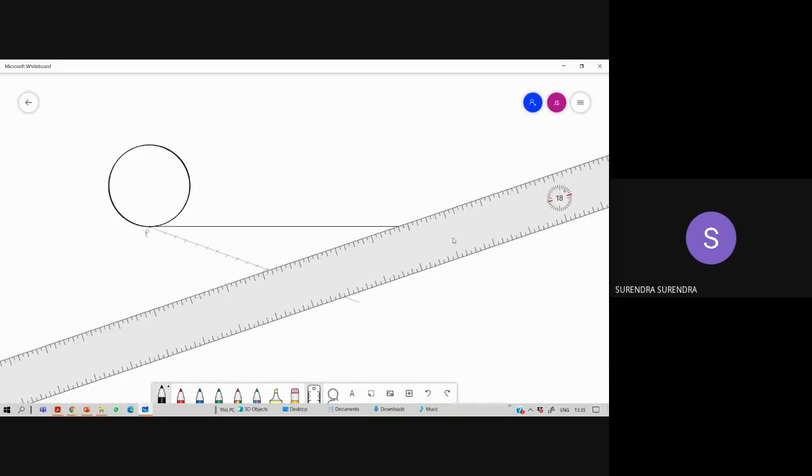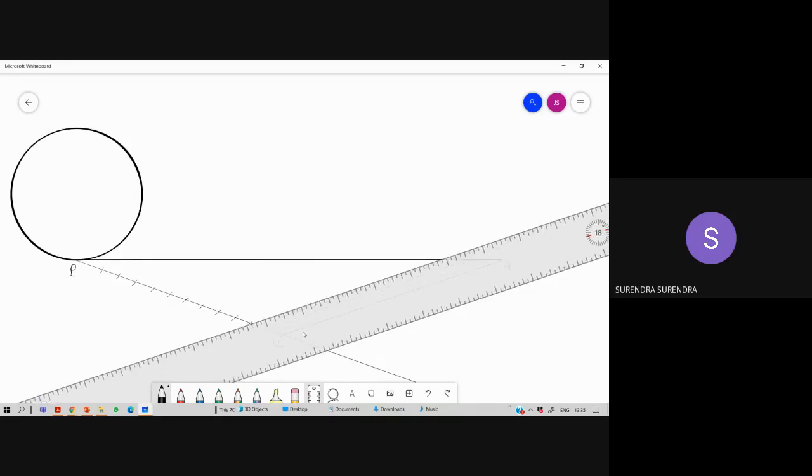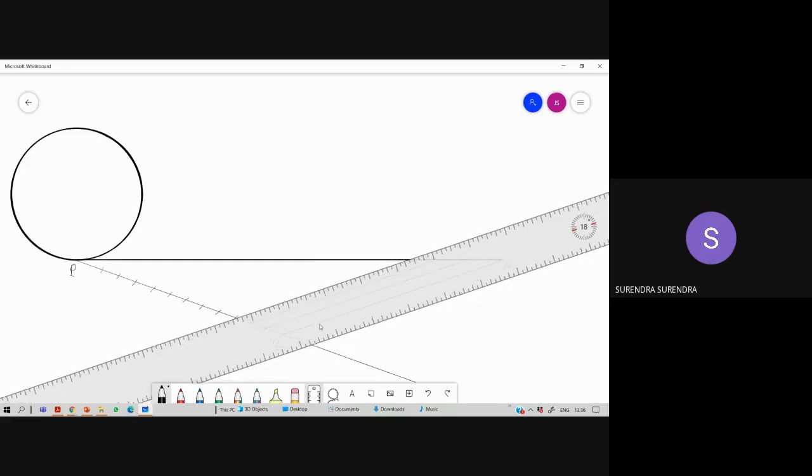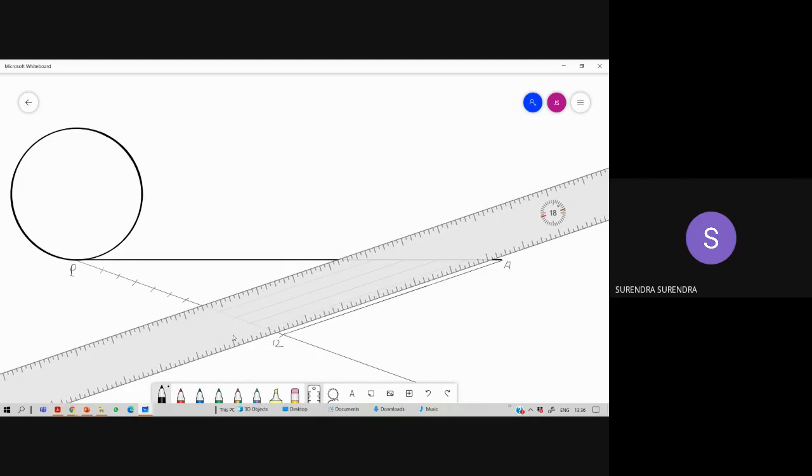So now draw the other lines, passing through 11, 10, 9, 8, 7.